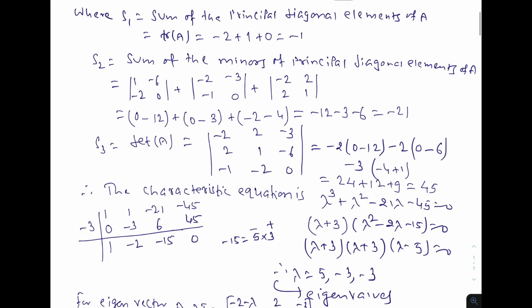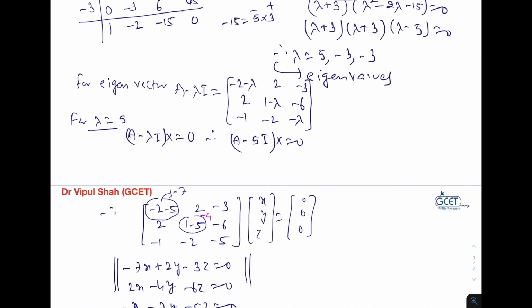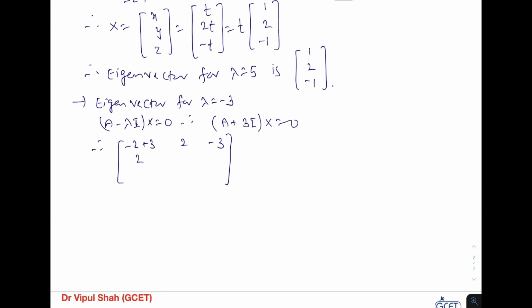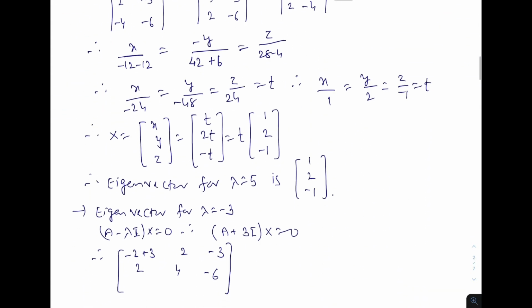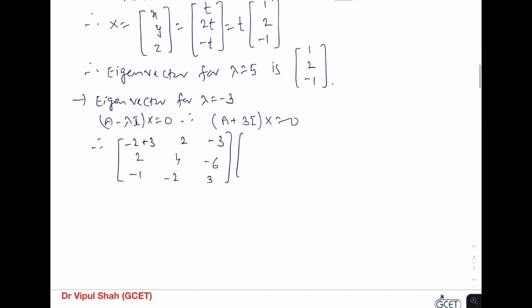then here 2, 1 plus 3 and minus 6, so 2, 4, minus 6. And the third one is minus 1, minus 2 and 3. And this is x, y, z, and is equal to 0, 0, 0.